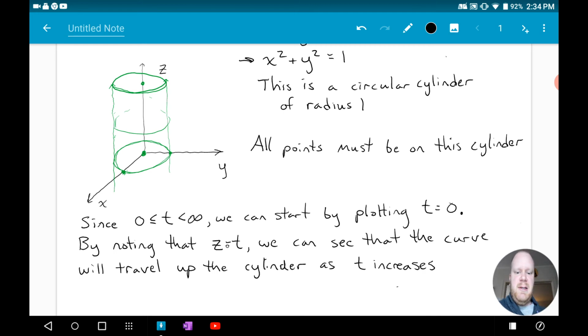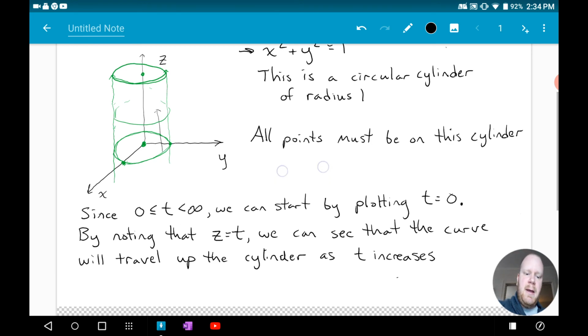That makes sense, right? z is equal to t, so as t increases, we're just going to be traveling up that cylinder.